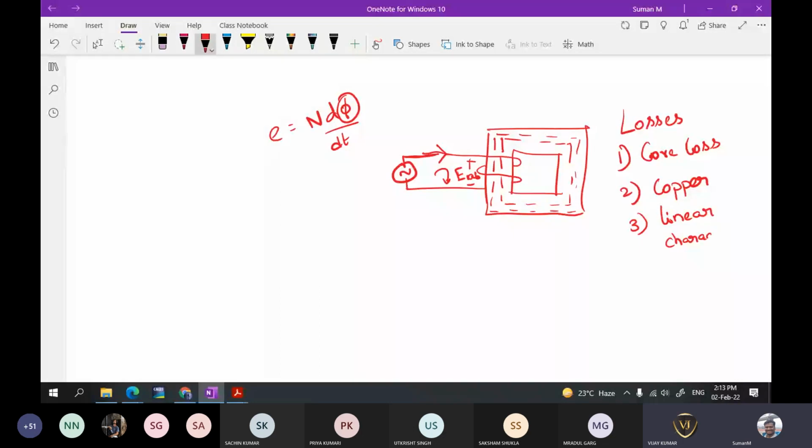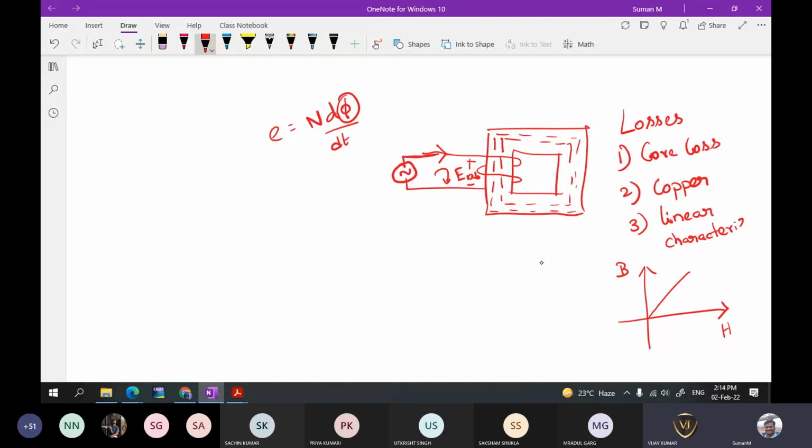When you are increasing the current, the flux should be increasing. When you are decreasing the current, the flux should be decreasing. So if you are increasing the H, the magnetic field intensity, then the flux density will also increase like this. This is a linear fashion.